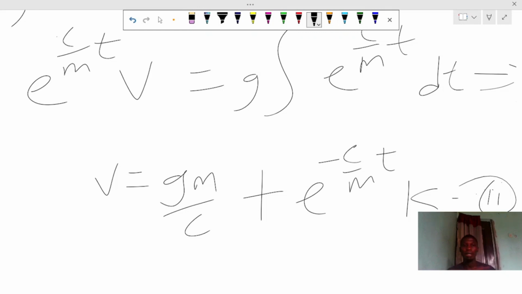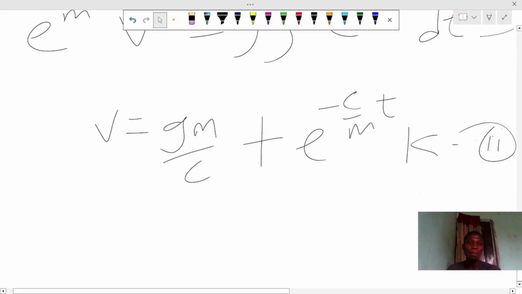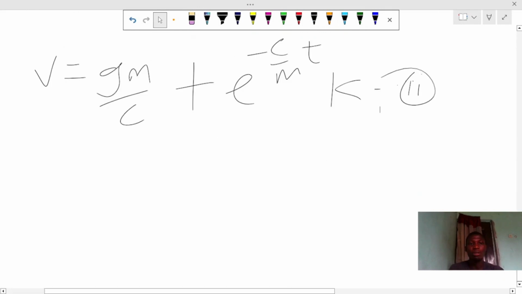Good. Alright, so now when we have this, we are going to apply the initial conditions, at v equals 0 and at t equals 0. So we apply these conditions so we know what k is.